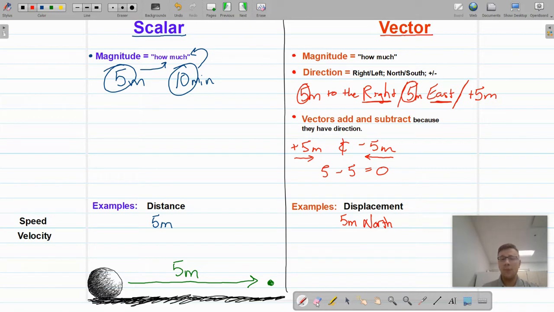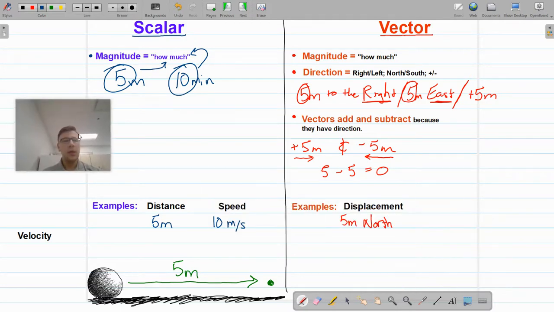And then talking about speed and velocity. Speed uses distance to calculate it, so it is a scalar quantity. That would be something like 10 meters per second. That's telling us how fast the object is moving.